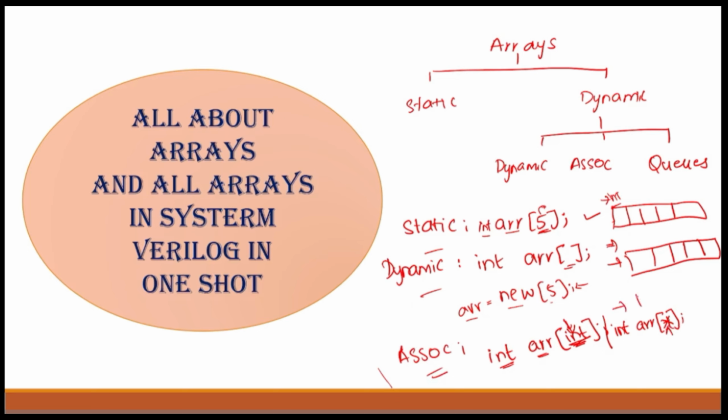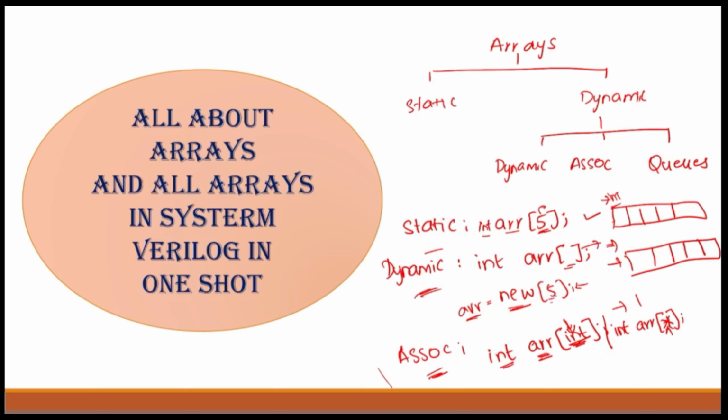So now in associative array, what happens? In associative array, the memory is created when you are calling this array. That is the difference between dynamic and associative. Because in dynamic array, even though you are not calling this particular array, when you are declaring it, the memory won't be allocated.